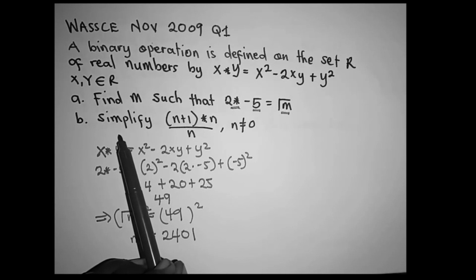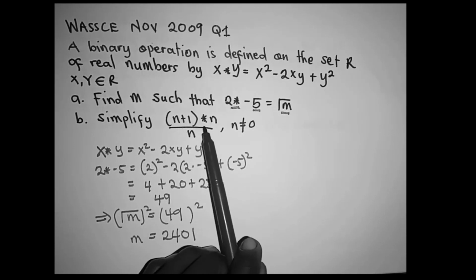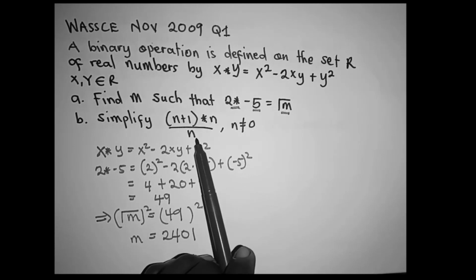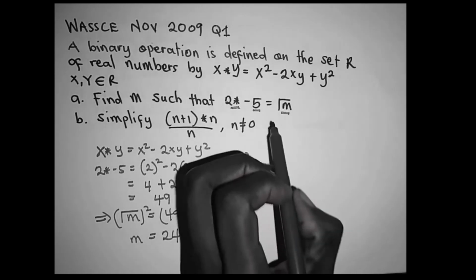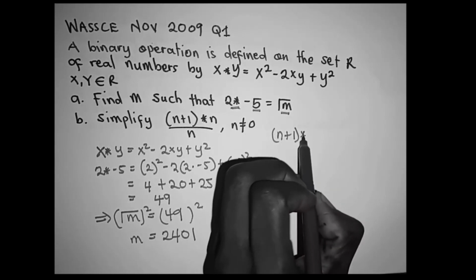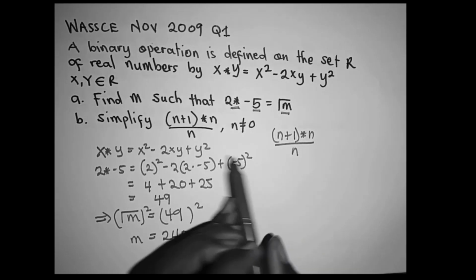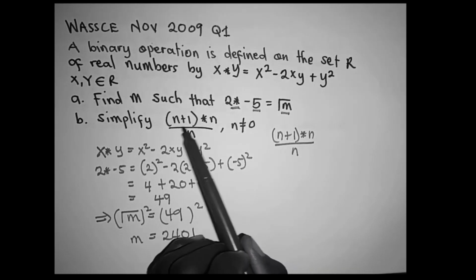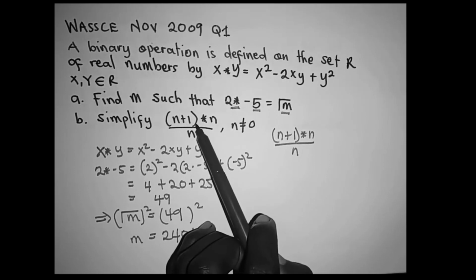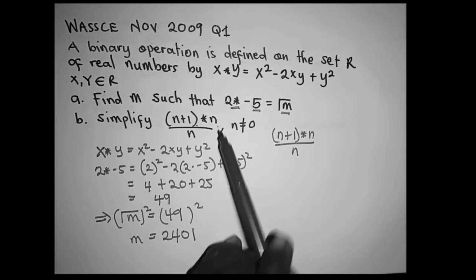Then the b portion of the question says that we should simplify n plus 1 operation n, divided by n. So wherever we see x, we put n plus 1, and wherever we see y, we put n.